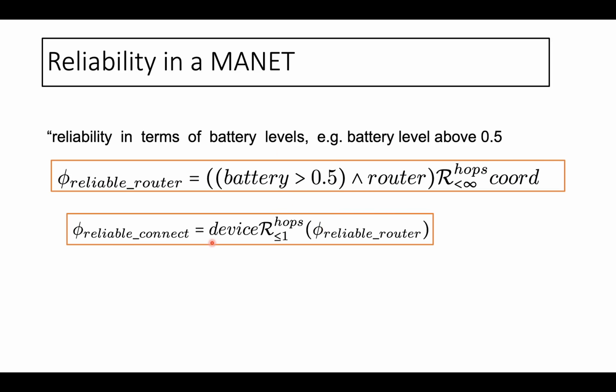Then we can consider instead just that the device should be connected to a router, or it should be connected to a router that is connected to a coordinator. We can consider this reliable router, that reaches in one hop a reliable router.